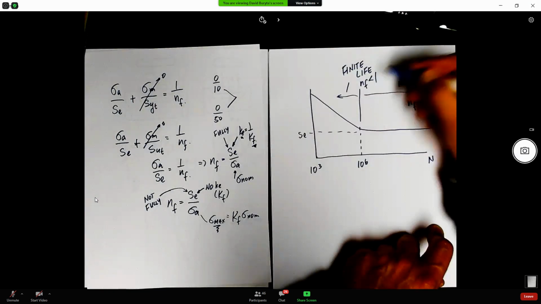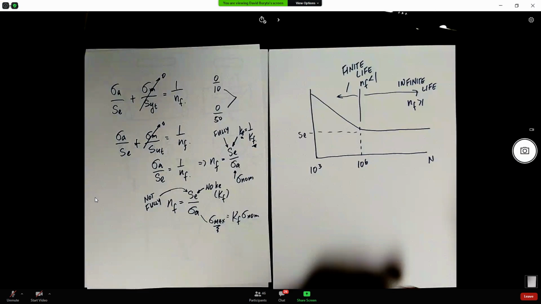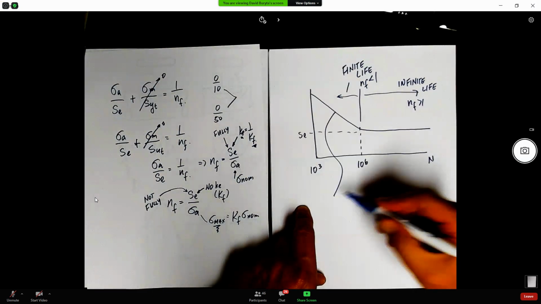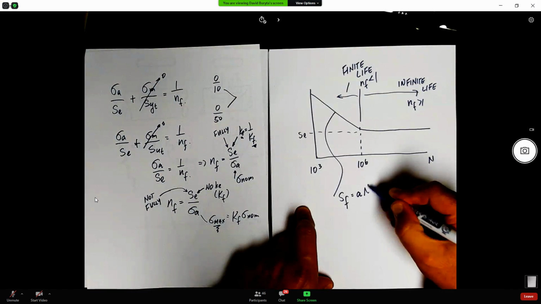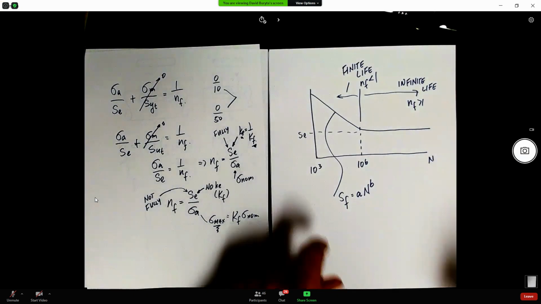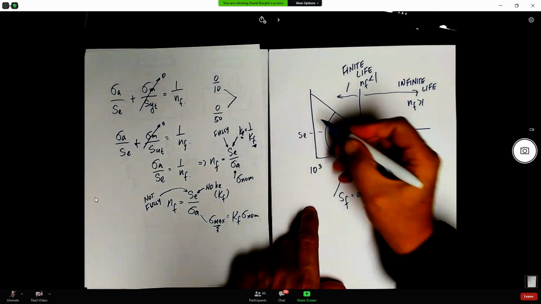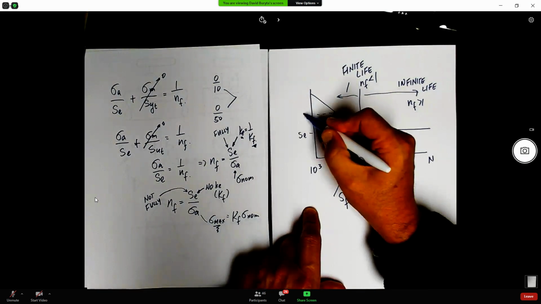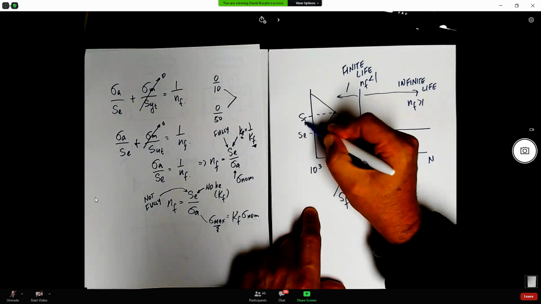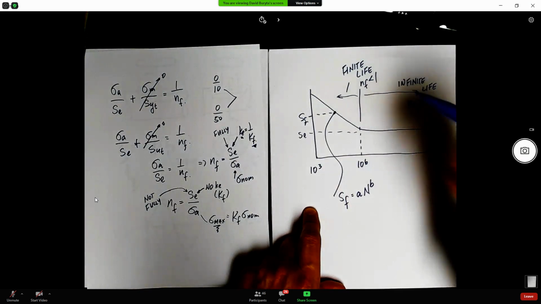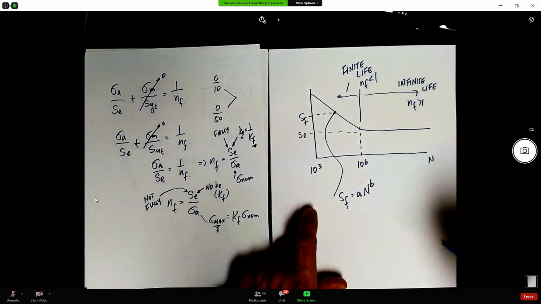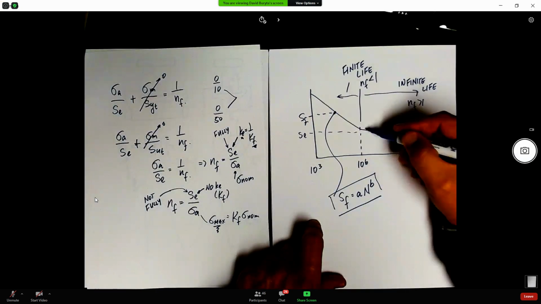In this region you had the equation Sf equals A N to the exponent B. That was Basquin's equation. This equation is the equation of this line between 10 to the 3 and 10 to the 6th.